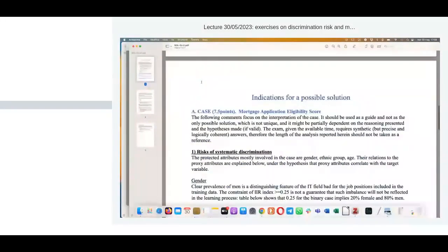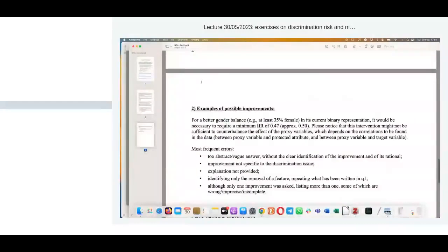About improvement, it was enough to say to get a better gender balance, for example, 35% female, corresponding to an imbalance ratio of 0.47. It's not enough, but it's an improvement. So this intervention might not counterbalance the effect of the proxy variable, but is still an improvement, raising the minimum threshold of the inverse imbalance ratio.